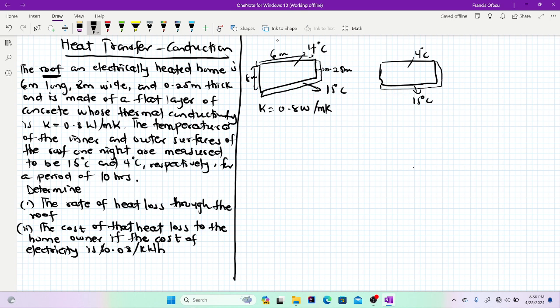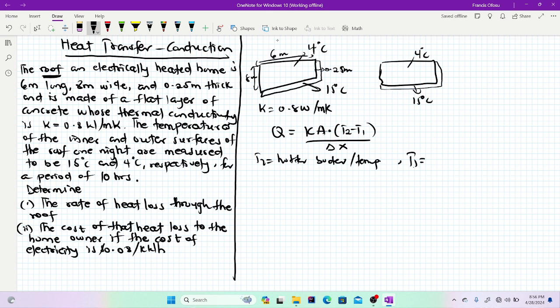Now, the moment we know that we are dealing with conduction, the only approach we can use to solve is Fourier's law of heat transfer, which states that our Q of heat is equal to K multiplied by our area of heat transfer, multiplied by T2 minus T1, all over our thickness. Our T2 here is our hotter temperature.